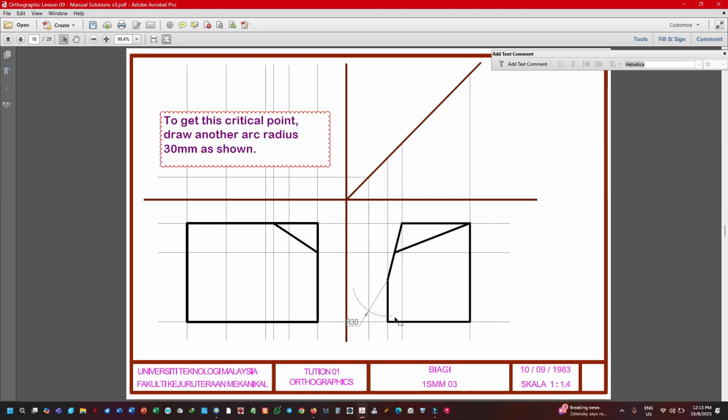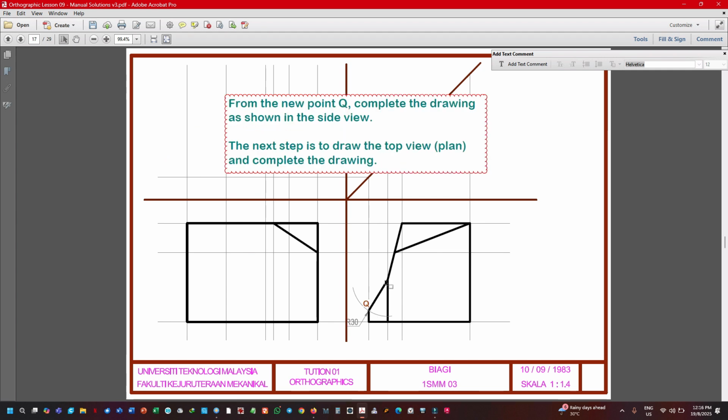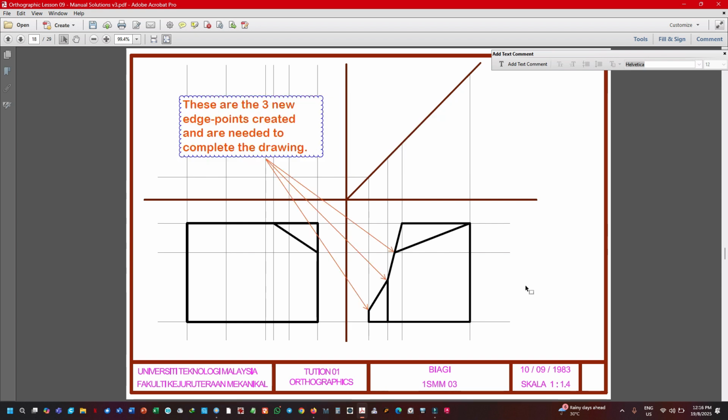And you get this critical point like this. So this is another intersection point, which is important to you. So what you do is complete this line, draw this, and now you have completed your side view.